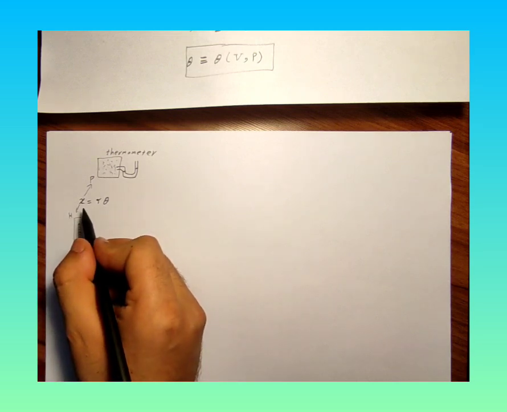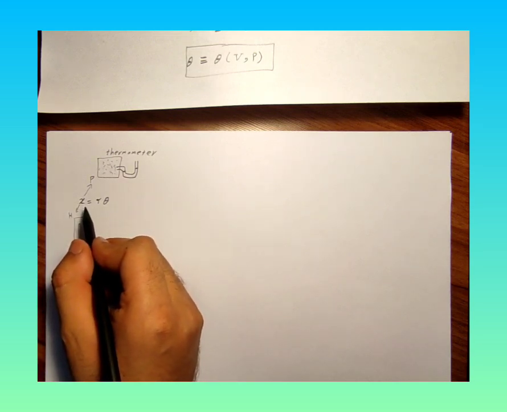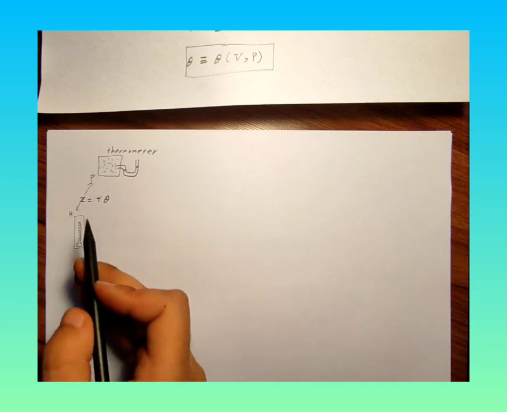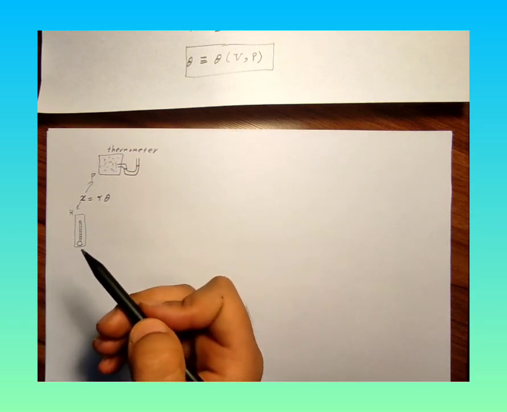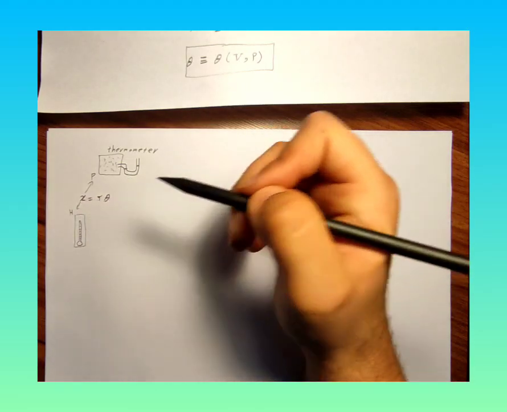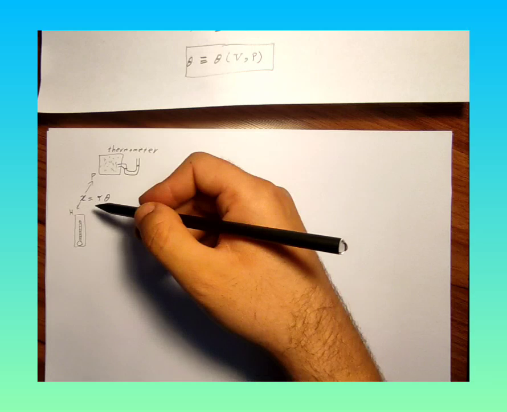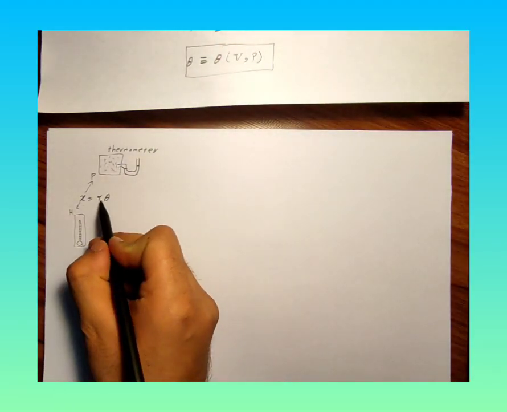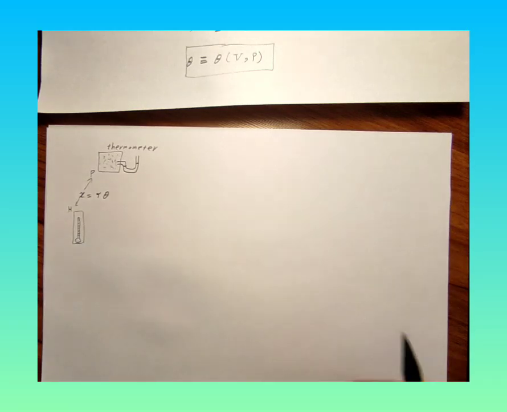And why did I use this relation? Theta, we actually defined theta as a quantity of temperature, but not that temperature that we know already. And now imagine that X, which the thermometer measures, is alpha, a number, multiplied by this theta.